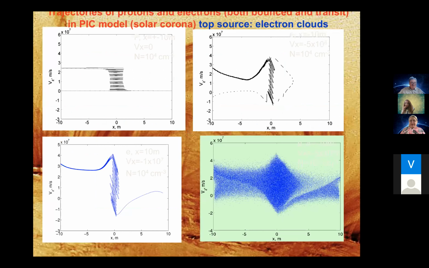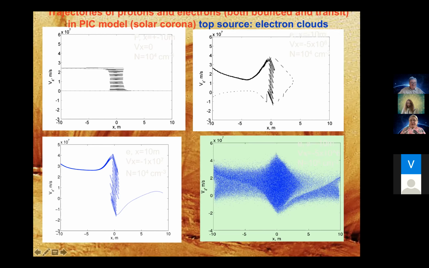One thing that comes up when you start doing simulation is that the main acceleration of the particle happens on the current sheet midplane. Depending on the parameters of the magnetic field topology, for protons or electrons, these are protons' trajectories, which have a large gyro radius, so they rotate pretty wide around the midplane.